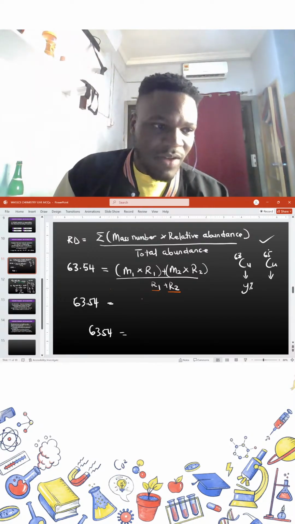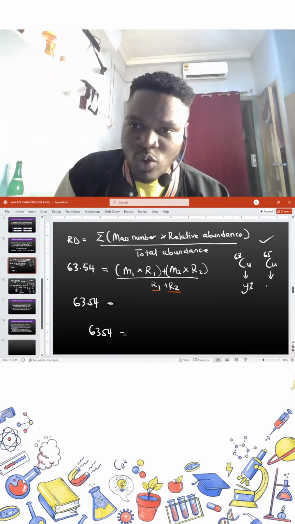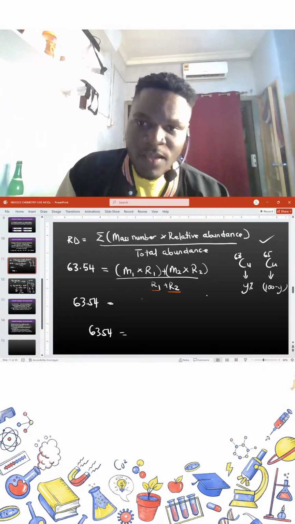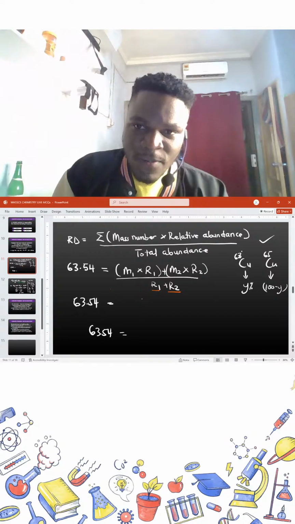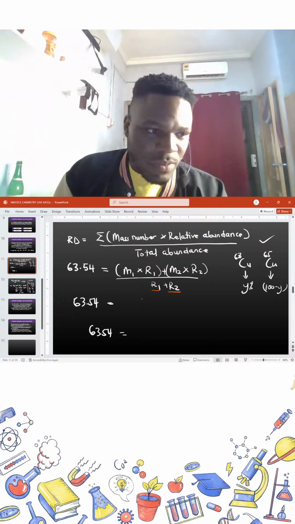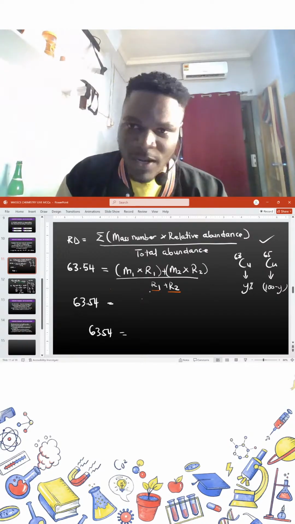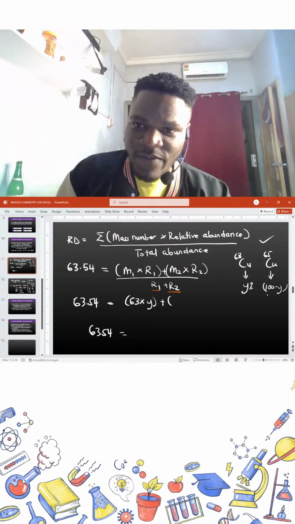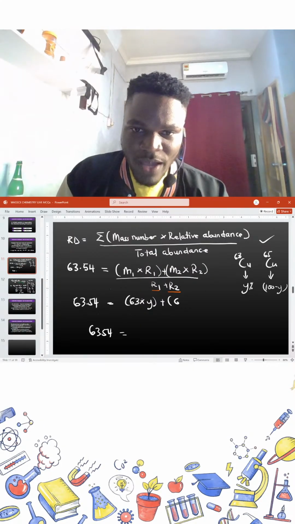And then copper 65 also has a percentage, which we don't know, so it will be 100 minus y. Now, the formula is you use the mass number at the top and multiply by the percentage. So here it will be 63 multiplied by y, then plus the second side, which is 65 multiplied by 100 minus y.